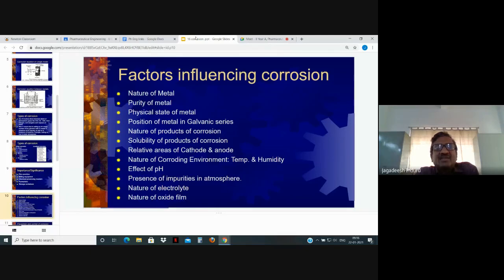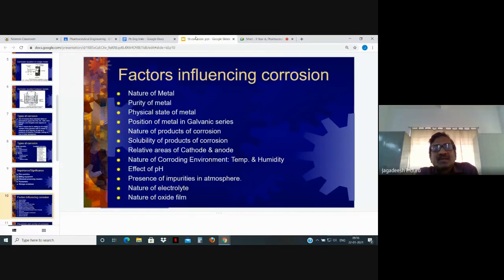So the nature and the utility of the product of the corrosion is going to decide whether I can proceed with it or not. Similarly, if the solubility of the products of the corrosion is more, you are going to have more and more damage. If the product of corrosion is insoluble, it even acts as a preventive measure against the corrosion by acting as a coating.